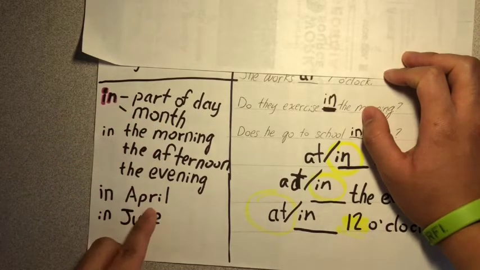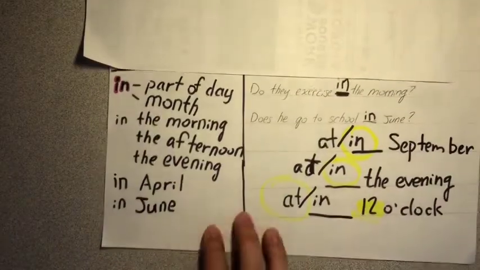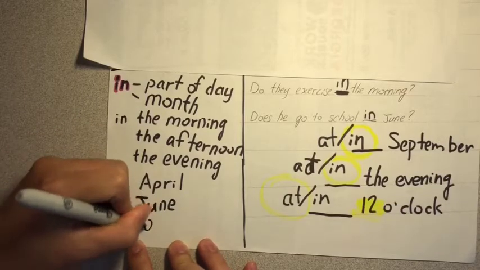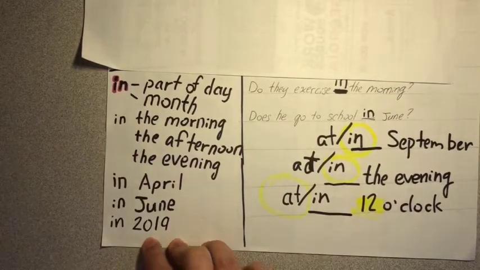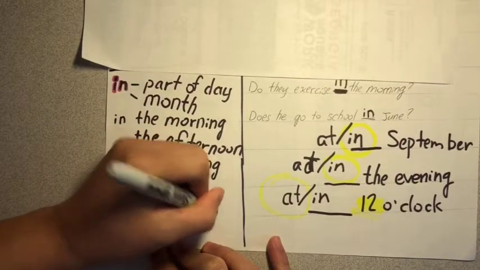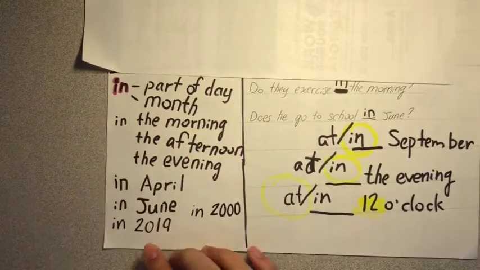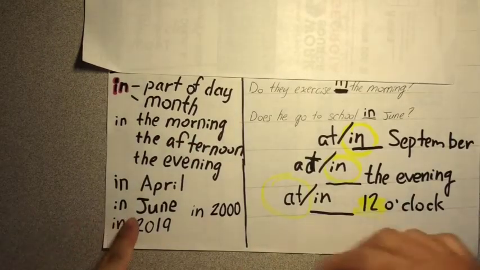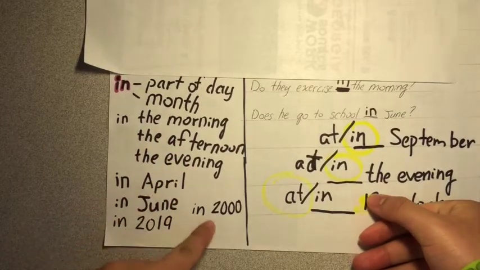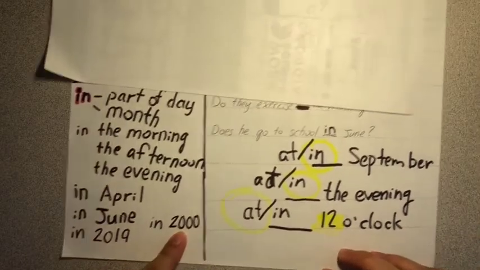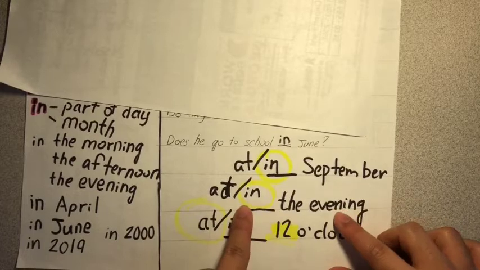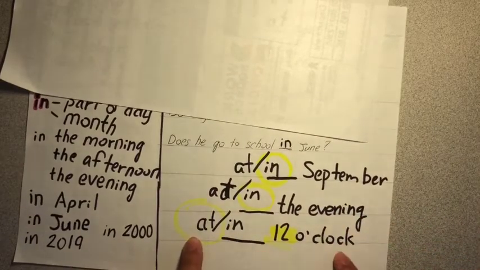So we say in April, in June, in 2019, or in 2000. We use in for the part of the day, the month, or the year. So for a month like September, we say in September, in the evening, at 12 o'clock.